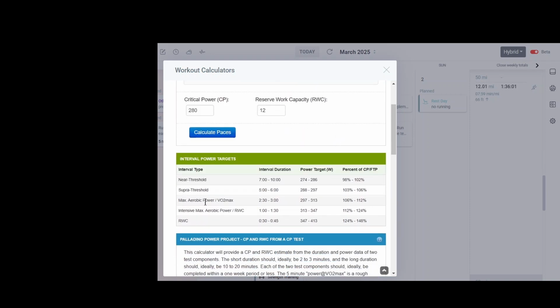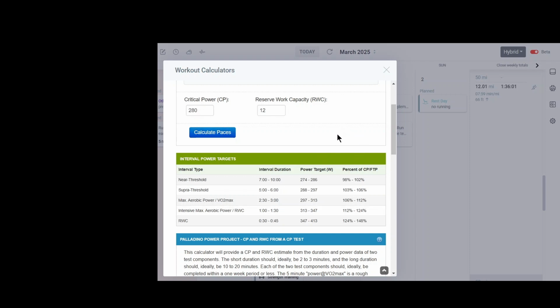For max aerobic power, for this individual with a higher reserve work capacity, you can see 106 to 112%. So much higher because the reserve work capacity is higher for that person's critical power, 280.